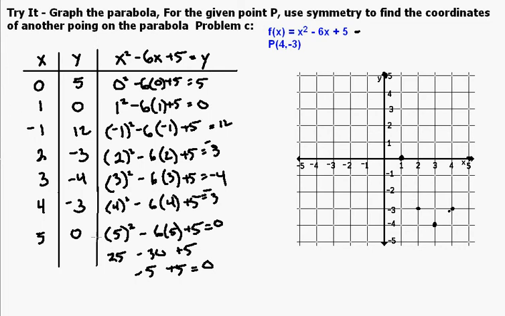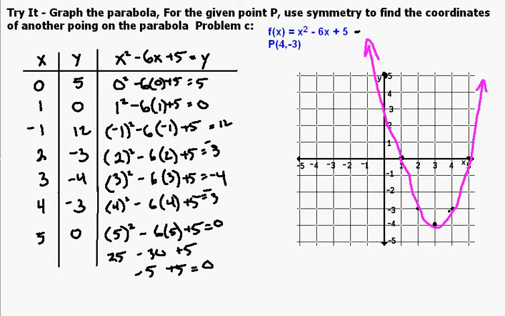We're going to put this in a different color. Let's pick something that's very easy to see. We're going to go right here. Alright, so there is approximately my parabola.